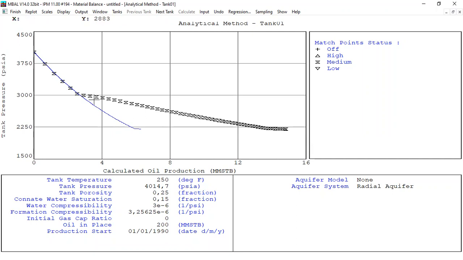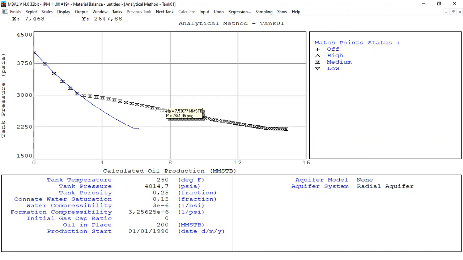That's why now the pressure decline becomes milder, becomes moderate, slower because of pressure support from tank 2. Here we have fast reservoir pressure decline. Here we have slow reservoir pressure decline because of pressure support from tank 2.